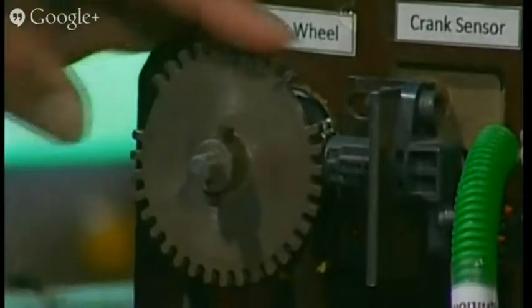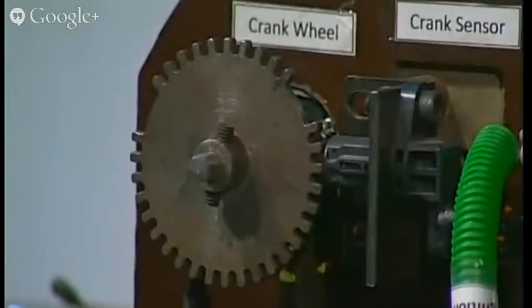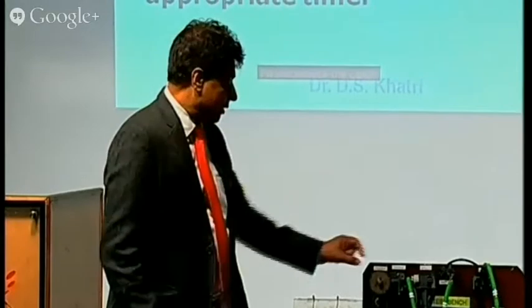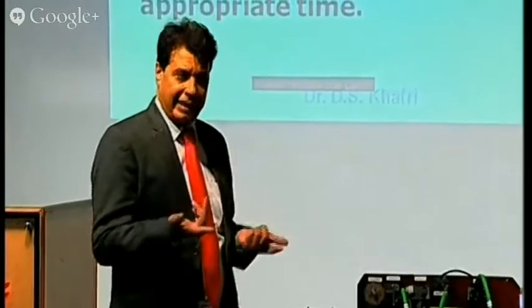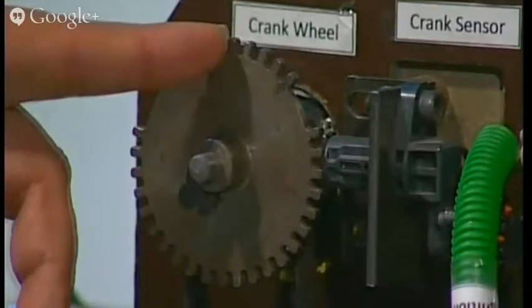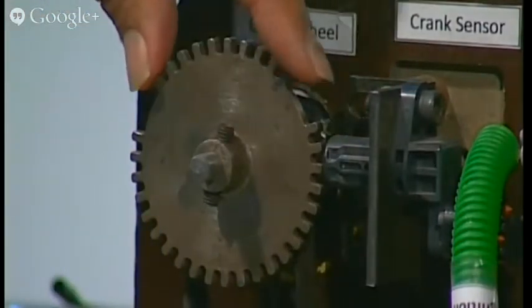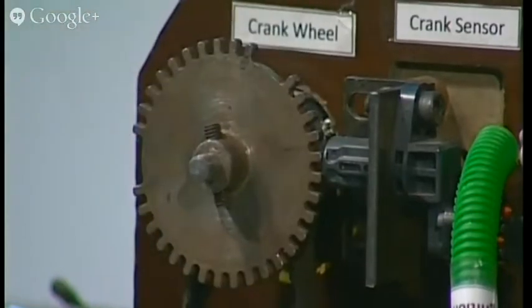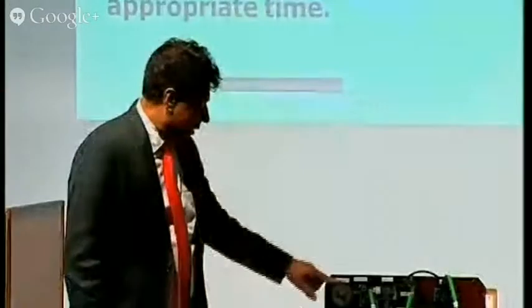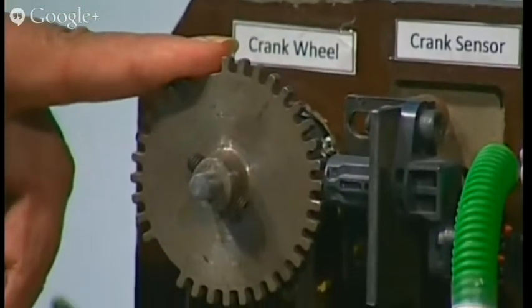The number of teeth, the width of the tooth and the height of the tooth is a very important aspect. It is not that we just made it like that. The width, the depth, all is important. Next, the number of teeth on the crank tooth wheel is also very critical.